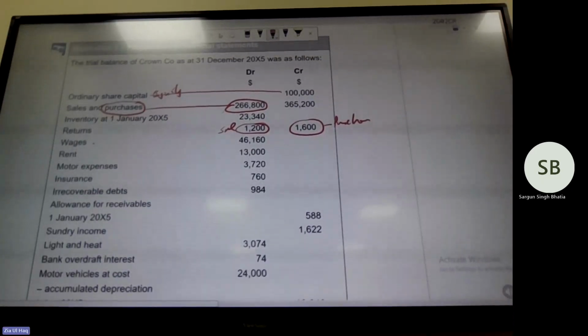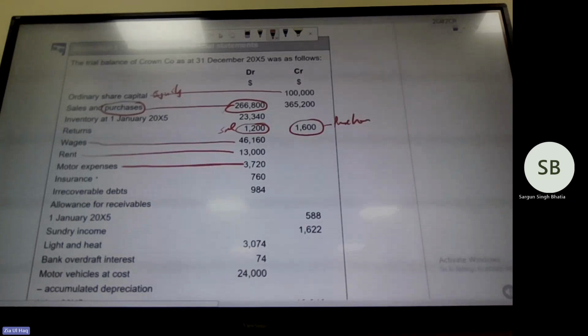What is wages? Wages are expenses. Rent is your expense, on the debit side. Motor expenses. Insurance, expense. Irrecoverable debt, meaning bad debts, expense.